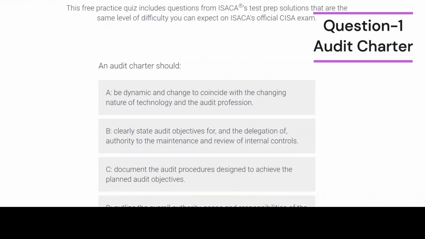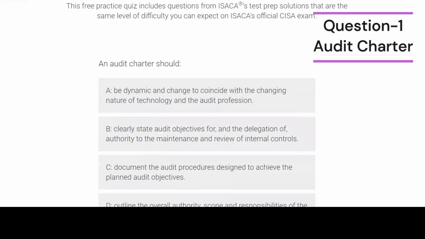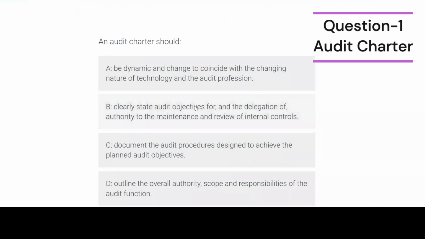The first question: an audit charter should include what? Be dynamic and change to coincide with the changing nature of technology and audit professions. This could not be a good idea because every time the technology changes, right? Clearly state the audit objective. This looks to be a close and good answer.